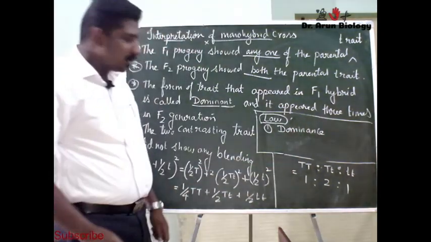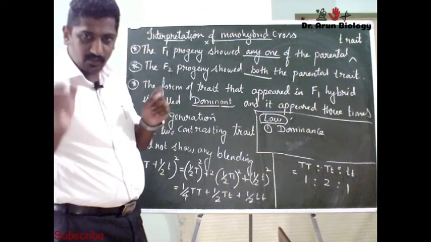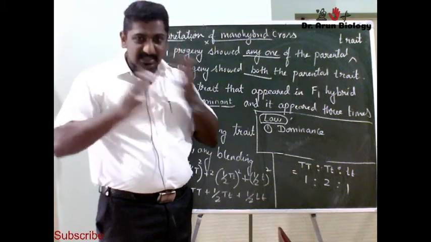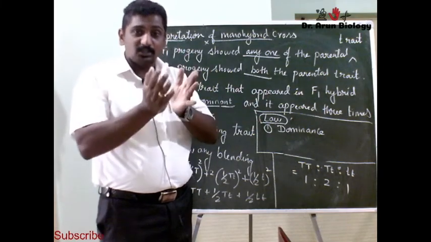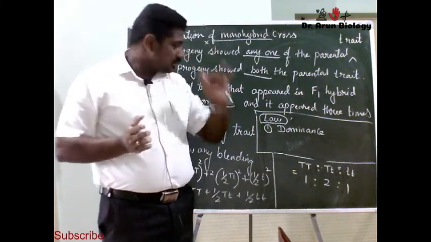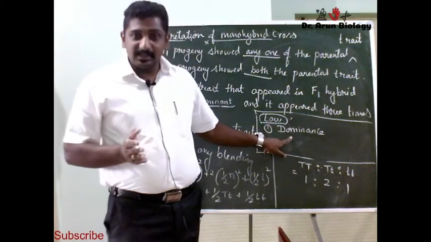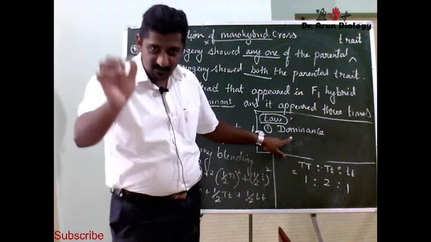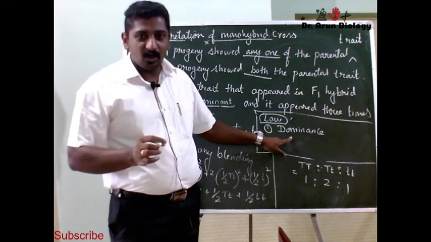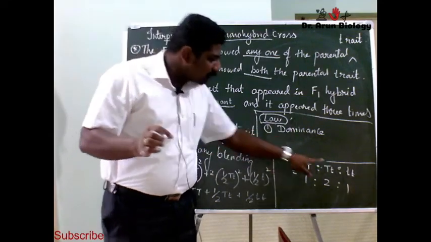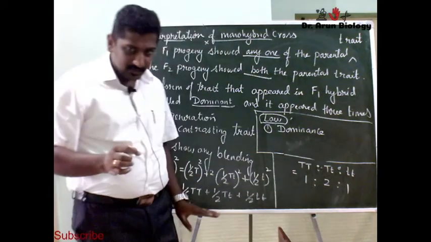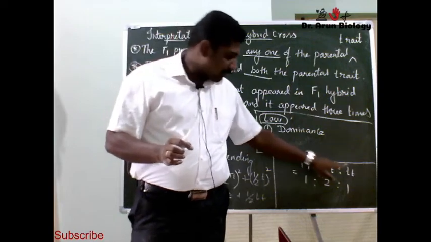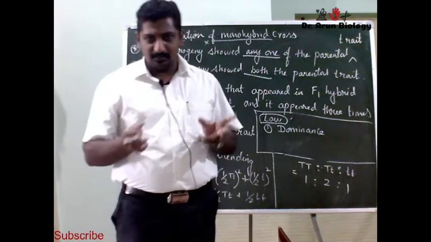Characters are controlled by a discrete unit called factors, today we call genes. And how were the factors appearing in the parent? Not as independent, both of them combined together and occurred in pair. So the first law, law of dominance, says characters are controlled by discrete units called factors. Factors always occur in pair: homozygous dominant occurring in pair, heterozygotes occurring in pair, homozygous recessive occurring in pair.